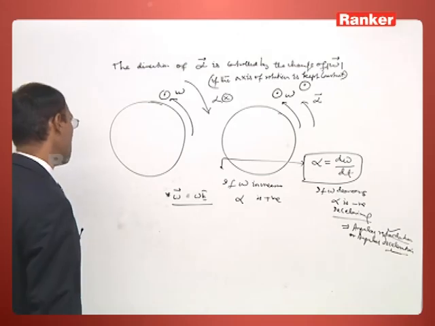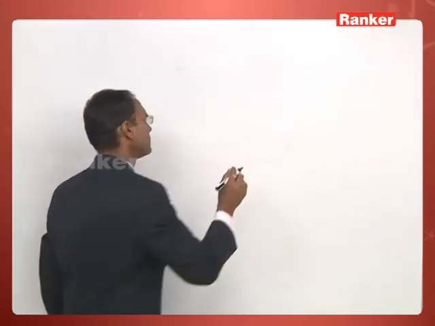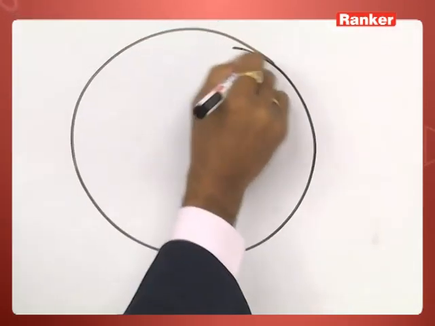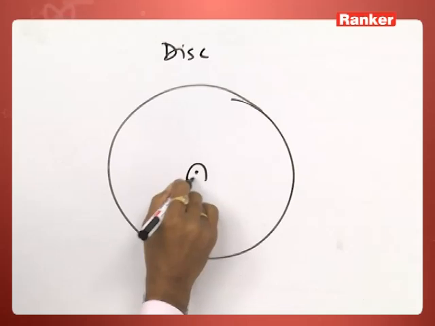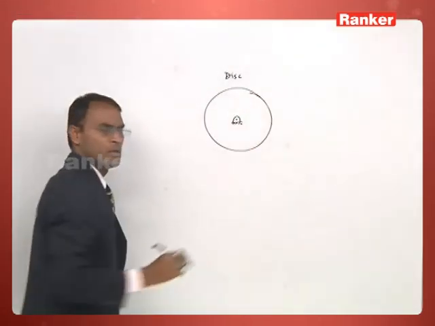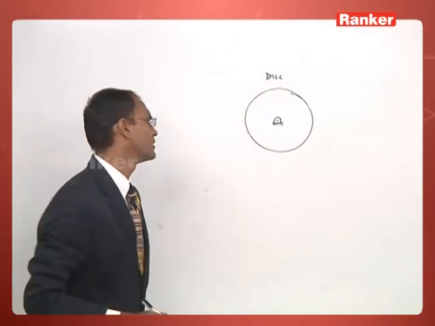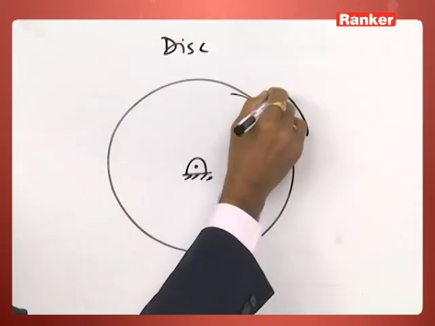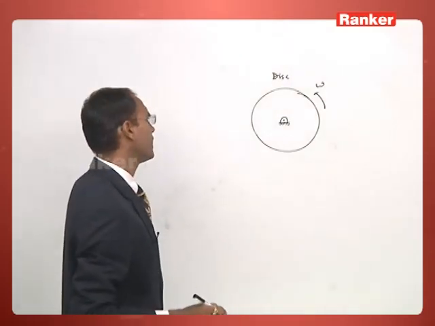Sometimes they may give you examples. The conceptual example, say this is the disk. For the sake of simplicity, let us pivot it, and it is having an anticlockwise rotation.